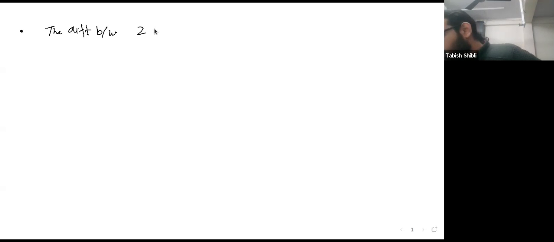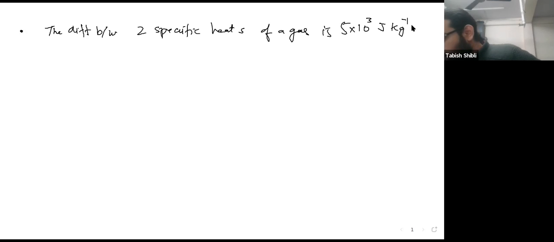Okay, this is simple. Let's do the simple question. The difference between two specific heats of a gas is 5 into 10 to the power 3 joules per kilogram per Kelvin, and the ratio of the specific heats is 1.6.